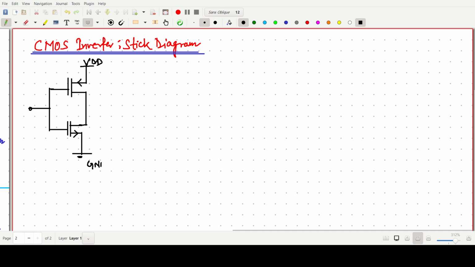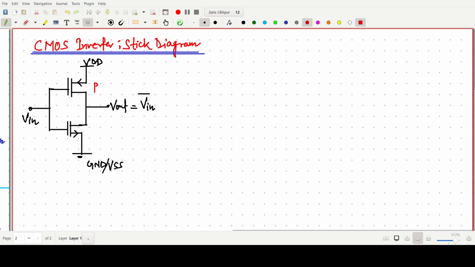This one is ground, or sometimes we say VCC, and this one is our V output, and V in. V output is nothing but V in complement. So this one is our structure.